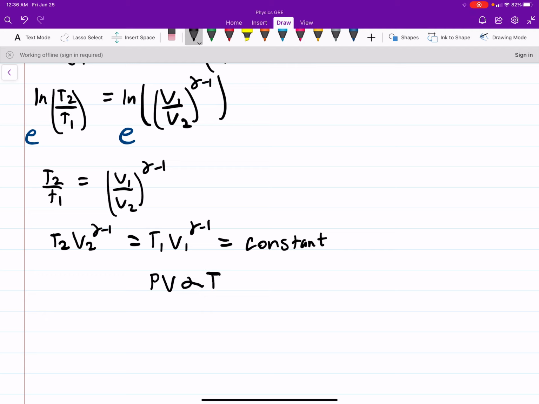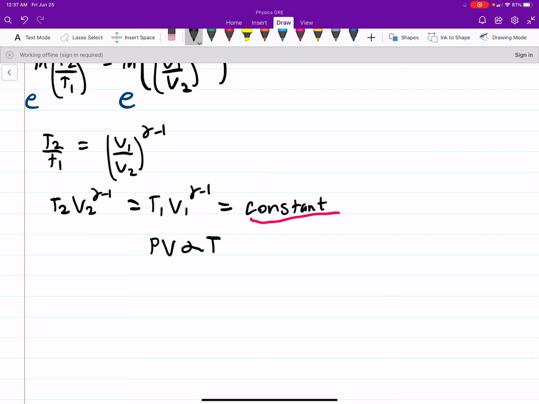PV is proportional to T. We're not worried about the R because that can be taken in by the constant. So we can just worry about the proportion there. If that's the case, I can plug that in here. So for example, we can have PV times V to the gamma minus 1 equals a constant, or PV to the gamma equals a constant.